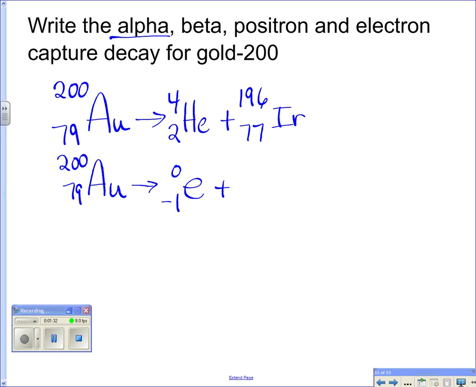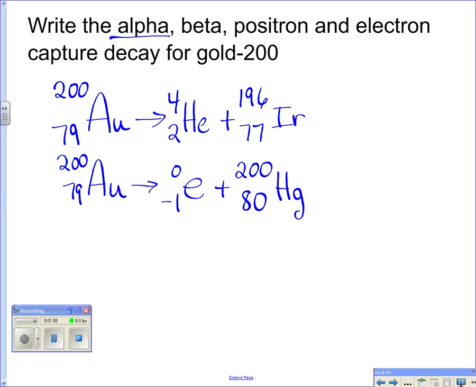What plus 0 is equal to 200? Well, easy math there, 200 plus 0 is 200. But then this one, people kind of get confused, is that I'm adding something to a negative 1, so it has to be 1 higher. Remember, we made a proton, so we need to go 1 up on the periodic table.